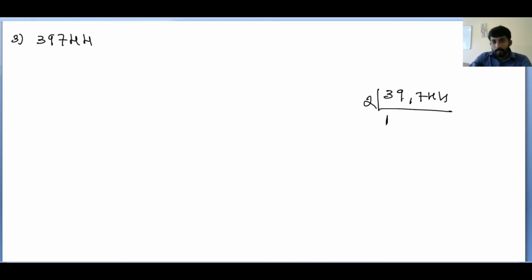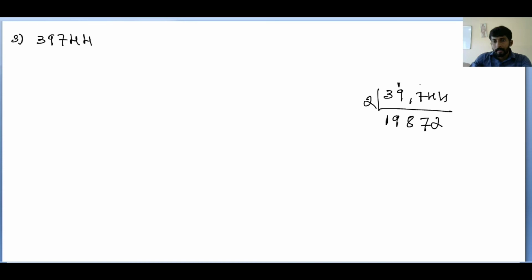2 1s are 2, 19. So 2 9s are 18, 1 is remaining. Then 2 8s are 16, 1 is remaining. 2 7s are 14, 2 2s are 4. Clear? See, 2 1s are 2, 1 is remaining here. So take that one here, that will become 19. 2 9s are 18.